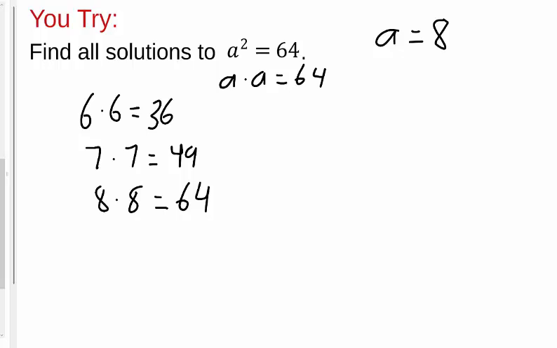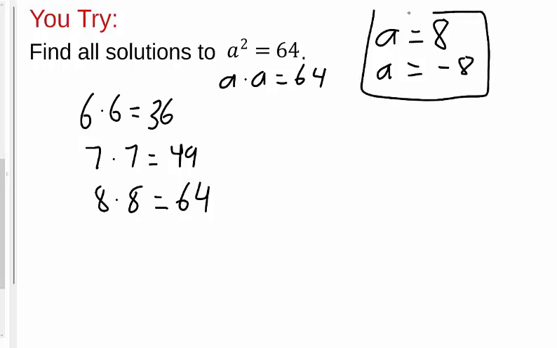Remember what we said? Squares have two possible answers, a positive and a negative, and A is equal to -8. Remember, we could do it the other way. Let's write it out before we put the square root. To be fair, let's do this the right way.